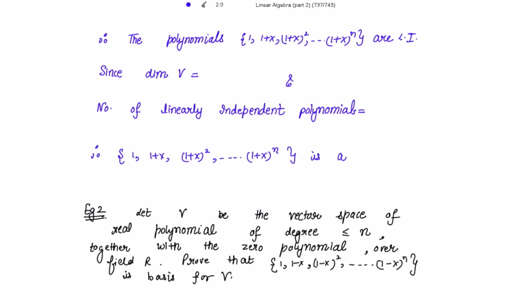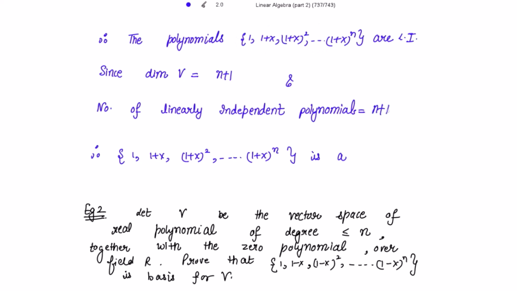Now I'm using the result that if the dimension of V is equal to the number of elements present in the linearly independent set, then that linearly independent set forms a basis for V. Since the dimension of V is n plus 1, and this is a linearly independent set, how many polynomials are there in this set? n plus 1.